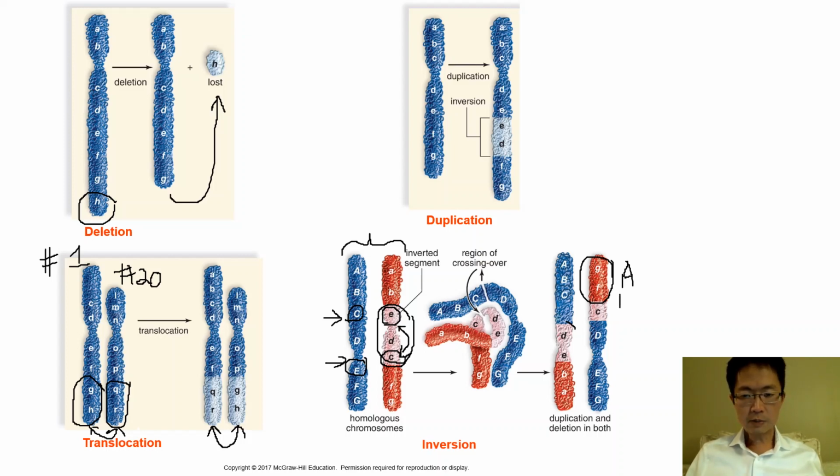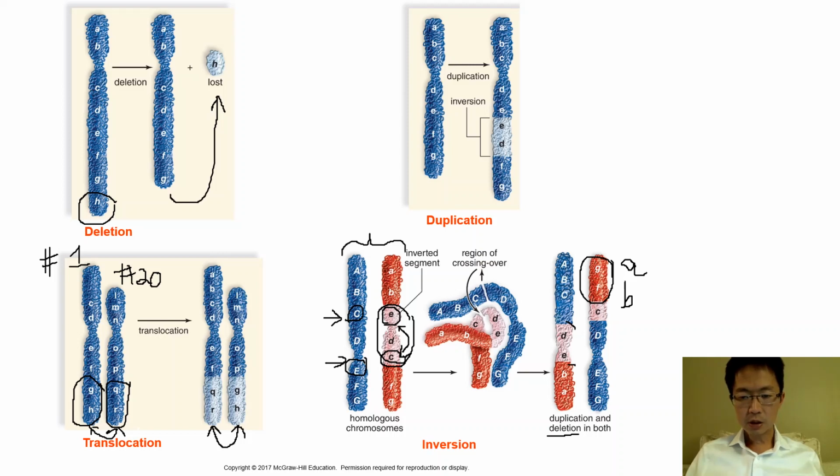Theoretically the AB gene should be in here, and small a, small b here. Therefore, we call this deletion. And then the AB gene becomes here.